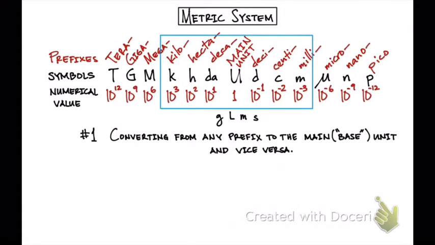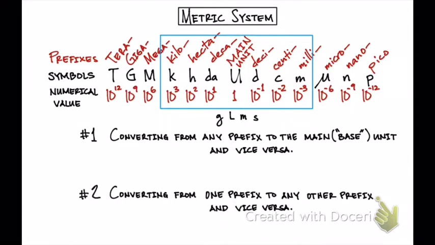I'll show you how to convert from kilometer, let's say, to meters. And the second thing that I want to show you involving the metric system is converting from one prefix to any other prefix, and vice versa. So now it's not just the main unit. Now it's any prefix listed here in the metric system.